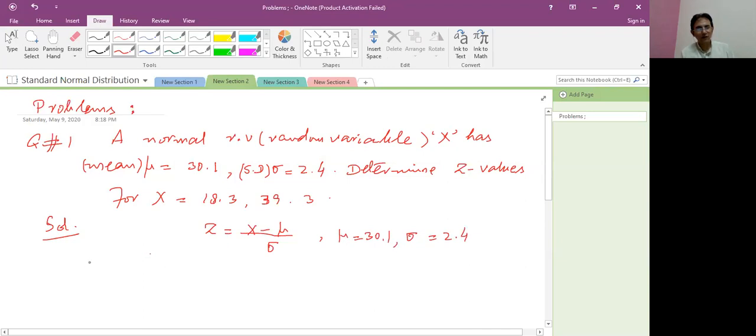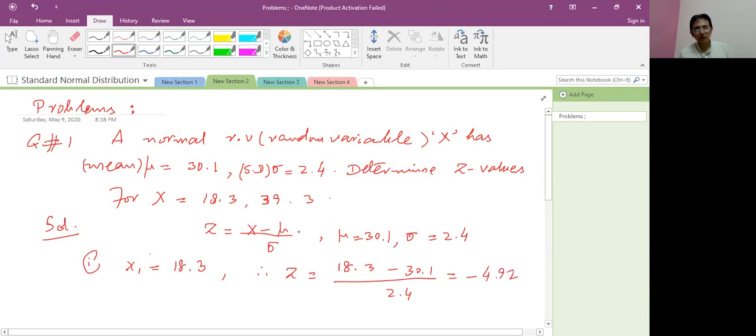Student, in the first part, if we consider x1, it is 18.3. So therefore, z is equal to (18.3 minus 30.1) divided by 2.4. With the help of a calculator, we find the z value, minus 4.92.